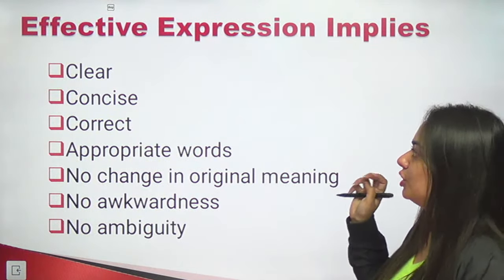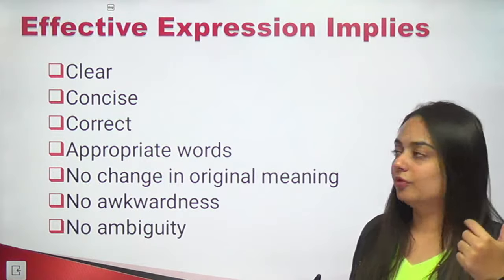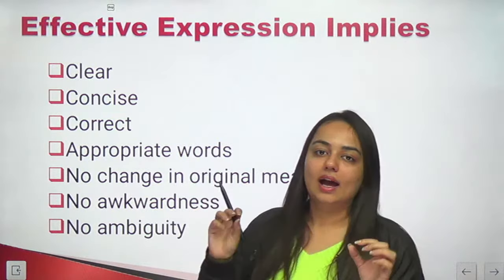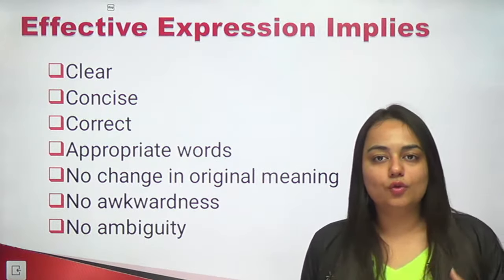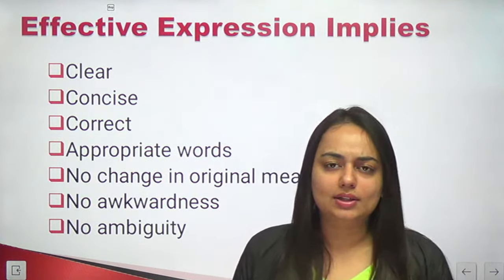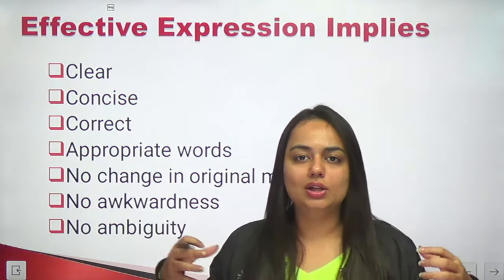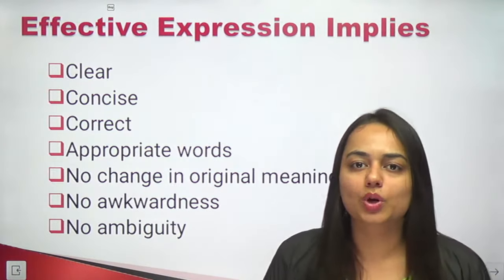Effective expression implies that first thing, go for the option which is clear, concise and correct. What we often think is we have this tendency of going with one such option which is incomprehensible or difficult to understand, which has very wordy language, which is very superfluous. But that doesn't always work.